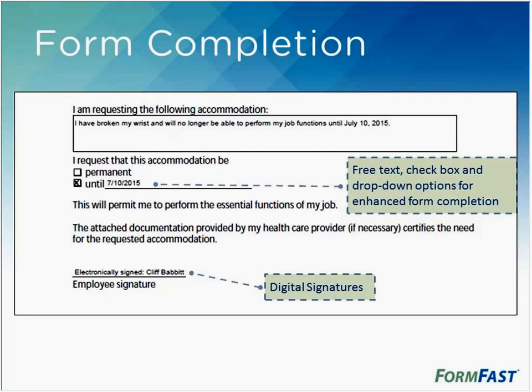We may want to prevent users from putting information onto a form that's irrelevant for us. So if we're requesting time off, we might say, this is for family medical leave or disability. That can be driven by a drop-down list that restricts what they put in that field.